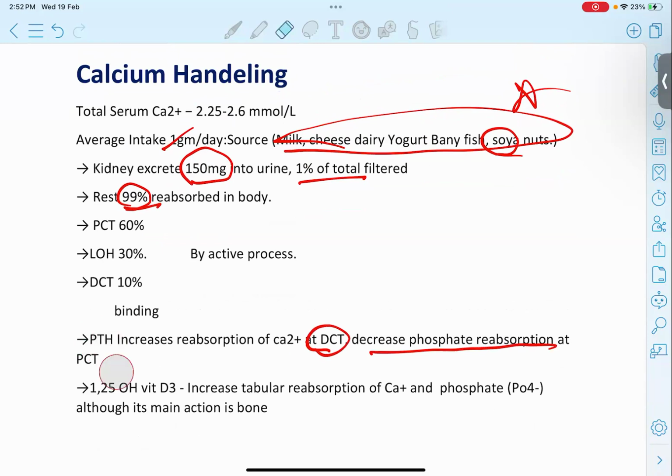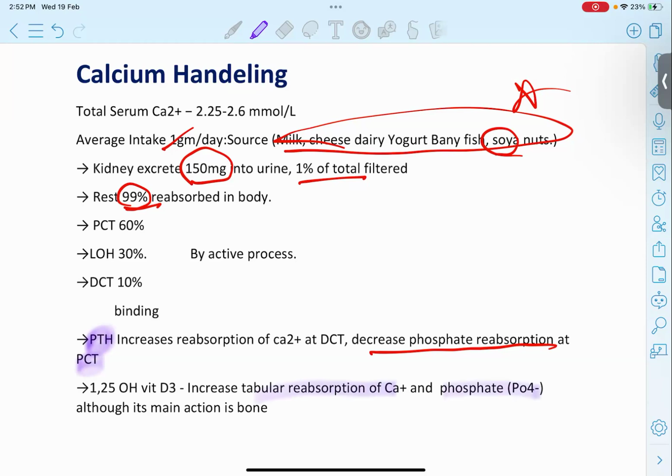You need to know these things, okay? These are important. Parathyroid hormone increases reabsorption of calcium in the DCT and decreases phosphate reabsorption in the PCT. Another important factor for calcium handling is vitamin D. 1,25 cholecalciferol, or vitamin D, increases tubular reabsorption of both calcium and phosphate.